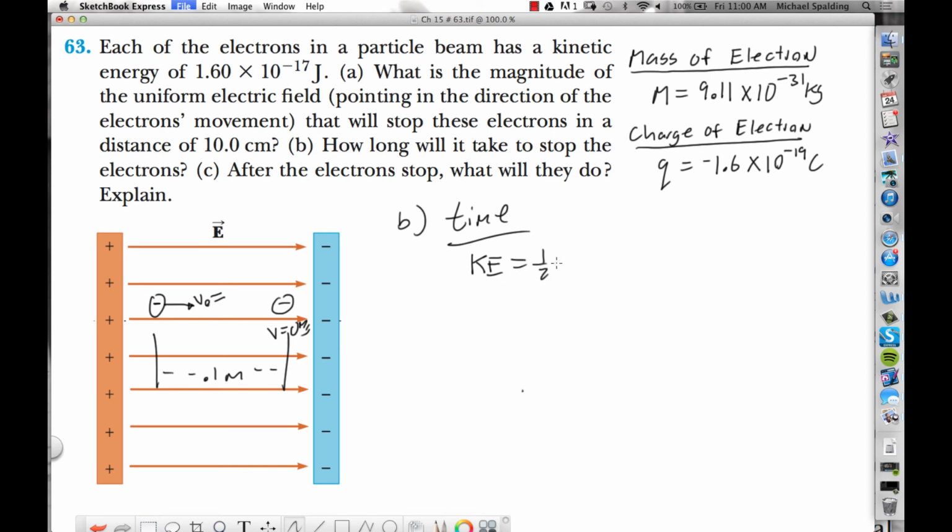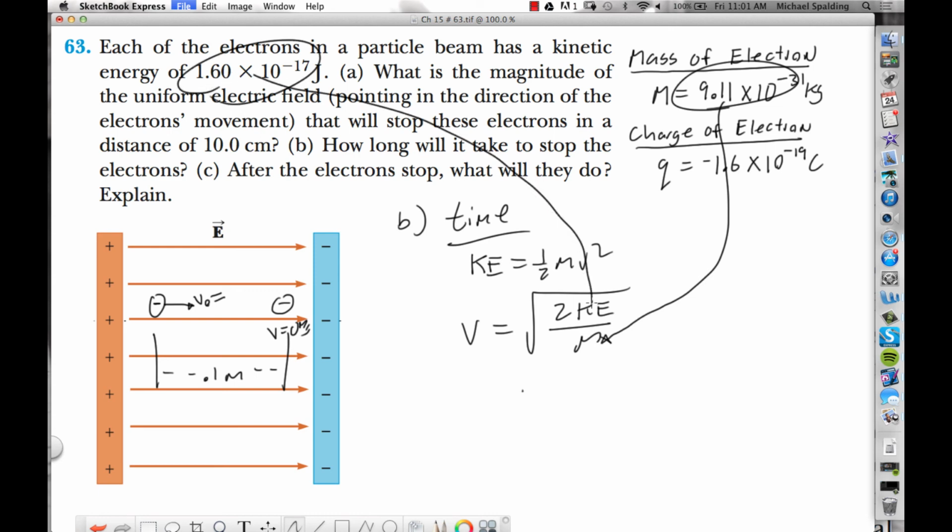Kinetic equals 1/2 mv squared. So V is going to be square root of 2 kinetic energy over m. Here's the mass right here, so plug that in there. Plug this in there. So the initial velocity is 5.93 times 10 to the 6. So from here we can do a kinematic equation to find the time.